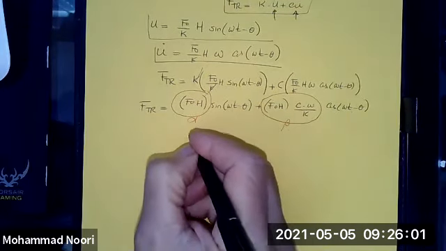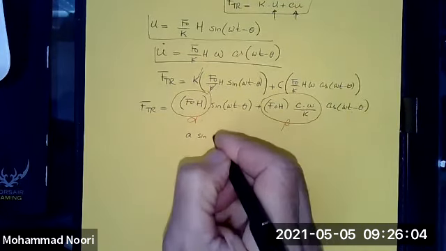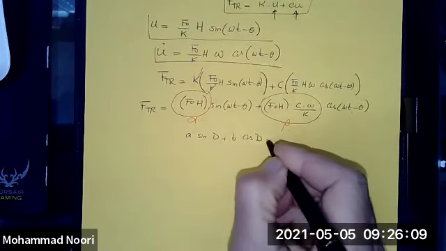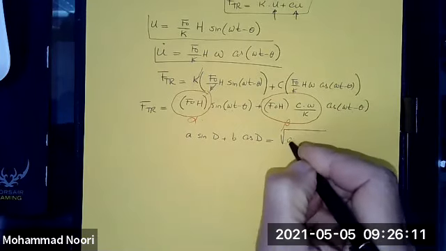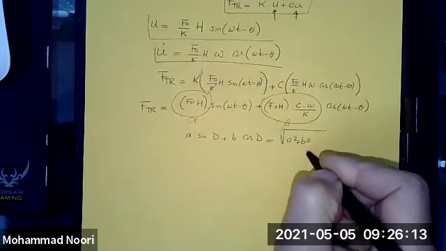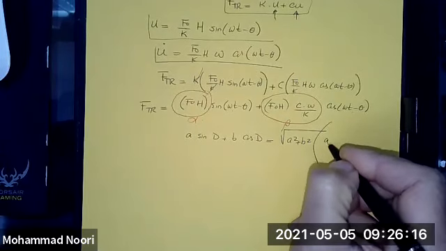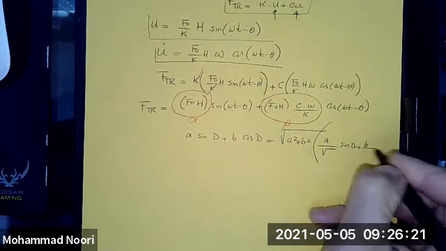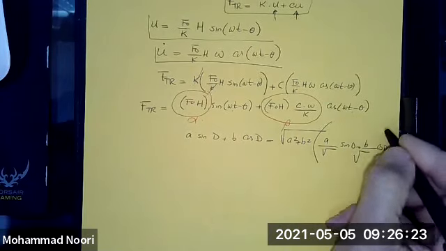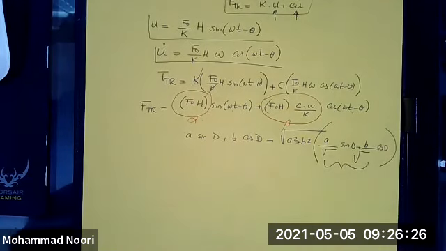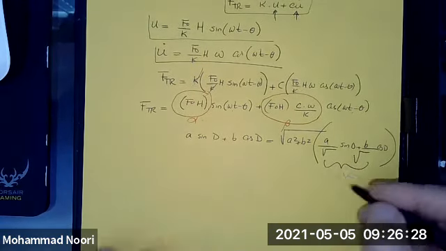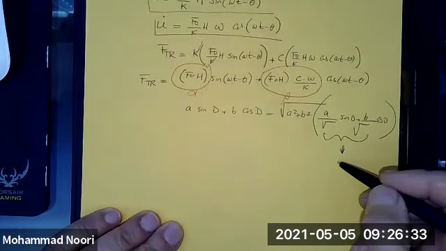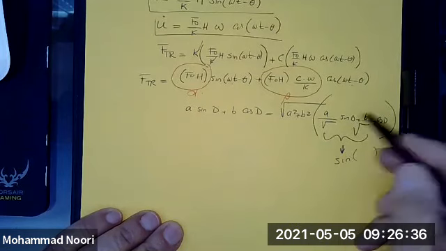You remember you had A sine D plus B cosine D. I can always write this as the square root of A squared plus B squared, times A over this square root times sine D plus B over this square root times cosine D. And this always can be converted to sine of the sum of two angles.